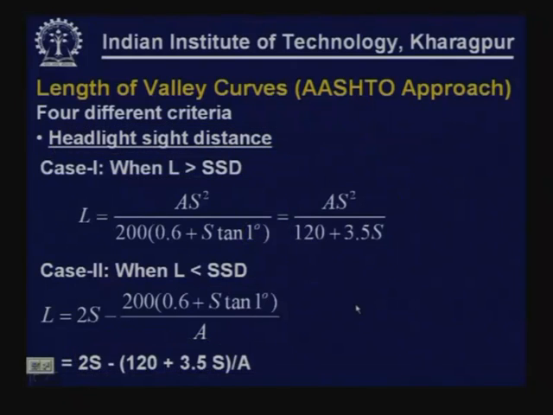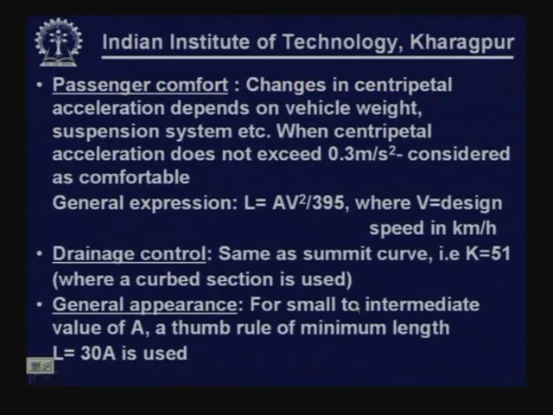The second criterion is passenger comfort. This also we discussed, but in IRC normally the headlight sight distance criterion dominates. So, design is done only based on the headlight sight distance, because if it is safe for that consideration, it will generally satisfy the requirement of other things. So, passenger comfort is another criterion that is considered.